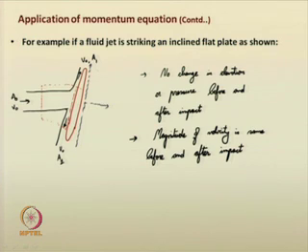Let me give the tangential direction as x and the normal direction as y. If you are able to define the coordinate system x and y, you have the velocity at 1 in this portion, velocity at 2 in this portion, and velocity 0. You can use the momentum principle.